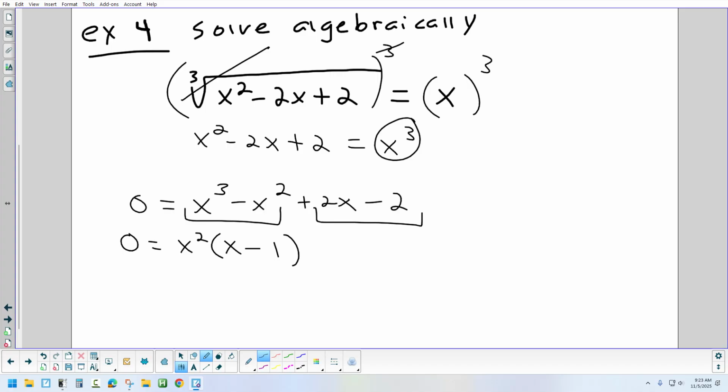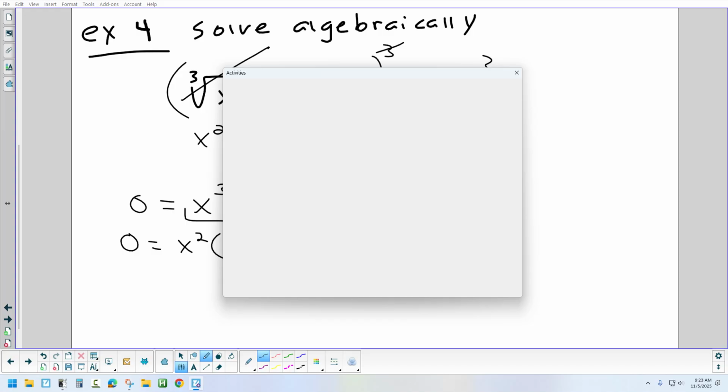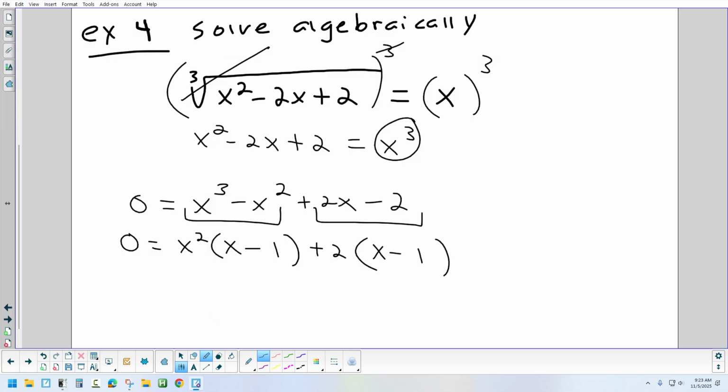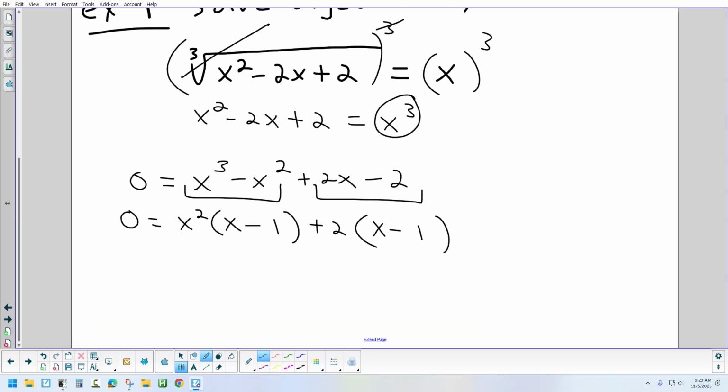Okay. What can we factor out of the last 2 terms? Just a 2. Positive 2. If you factor out a 2, what would you be left with? You'd be left with x minus 1, because 2 times x is 2x, and 2 times negative 1 is negative 2. All right, so now you look at this and this.